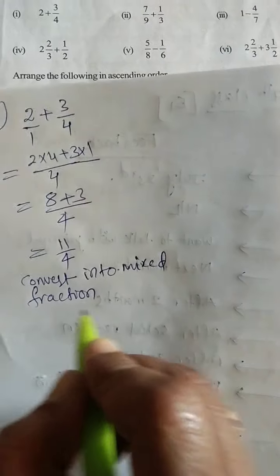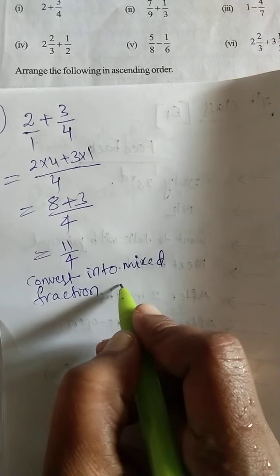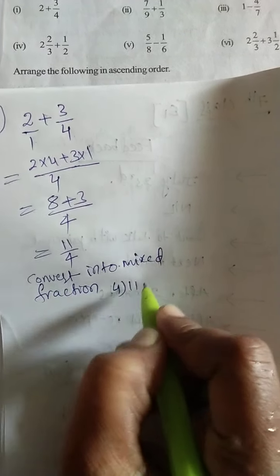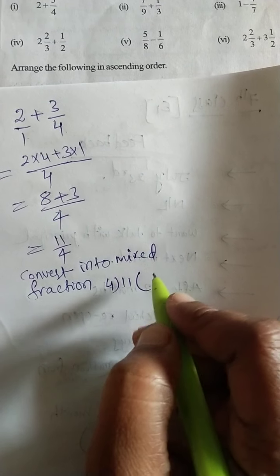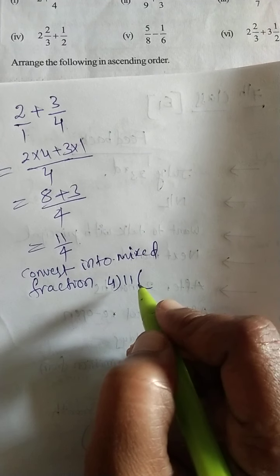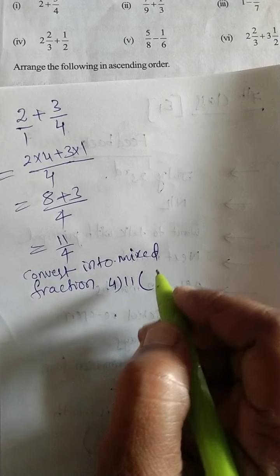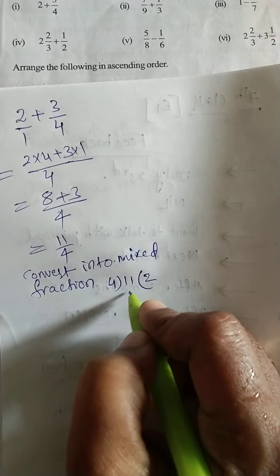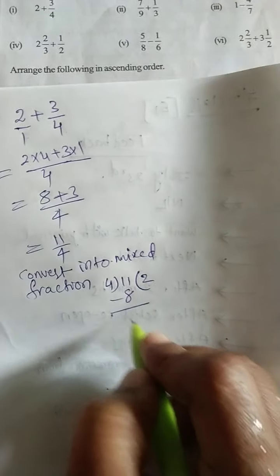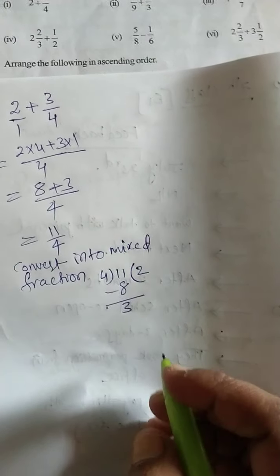How can we convert? By doing division. 4 3s are 12, it will go more. So 4 2s are 8. Remainder is 3.